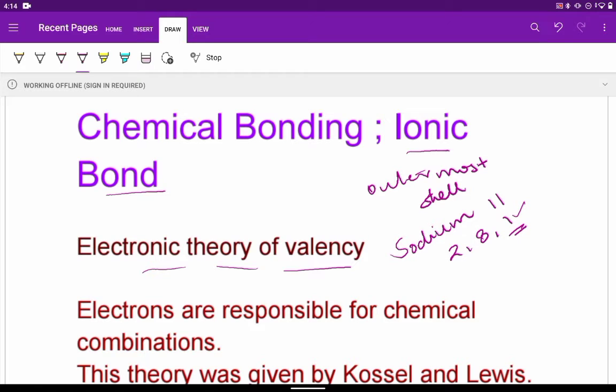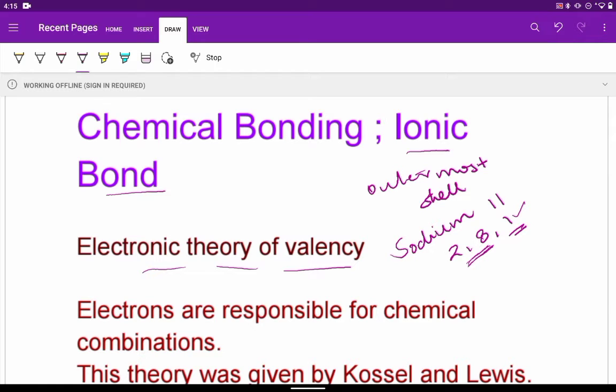And as we have seen earlier, the basic purpose why the atoms undergo chemical bonding is to attain stable octet configuration, that is stable noble gas configuration. So if the sodium can achieve up to 2, 8 by getting rid of this single electron in the last shell, it can attain noble gas configuration.